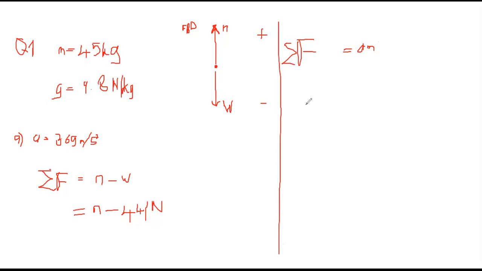So we're going to equate these two equations. We'll have AM is equal to N minus 441. I may ignore the units for now. We know that this is in newtons. Then this acceleration A is actually this guy here, and the M is actually this 45.